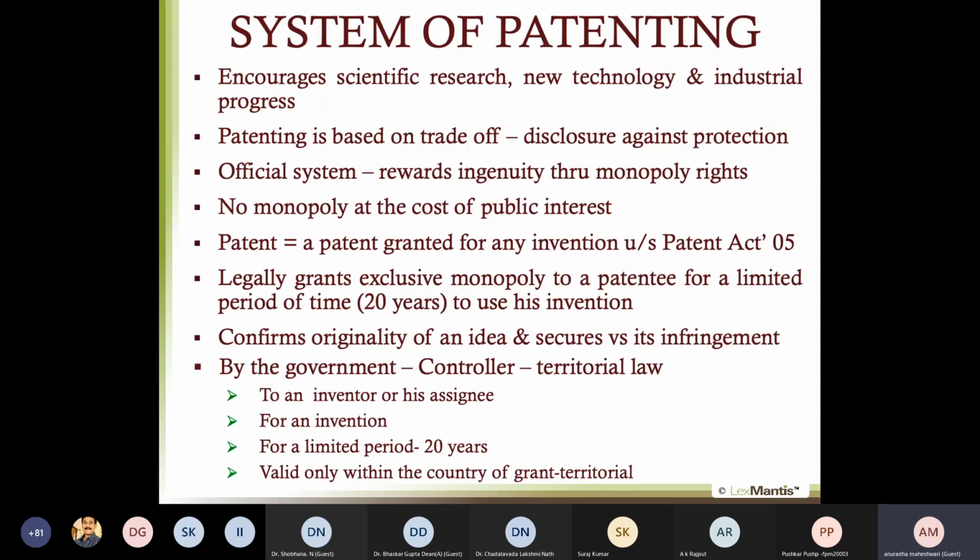So only you are given the rights to commercialize your technology and nobody else. But what is happening in all parts of the world? People see a new technology and rush immediately to copy it, produce a copycat product, and then sell it in the name of the original technology.